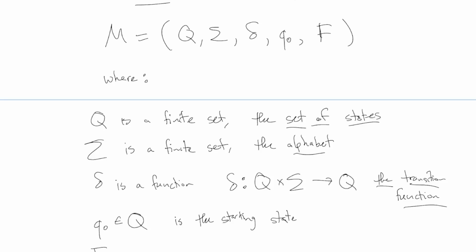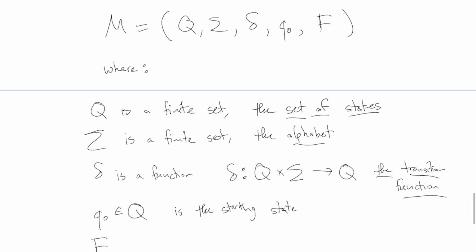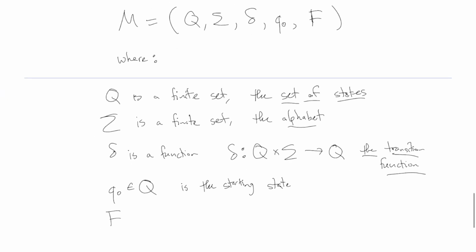And F is the set of accepting states. To say what exactly F is, it is any subset of Q, right? Q is a set of all the states. F is just some of them. It is a subset of Q. So this is the set of accepting states.